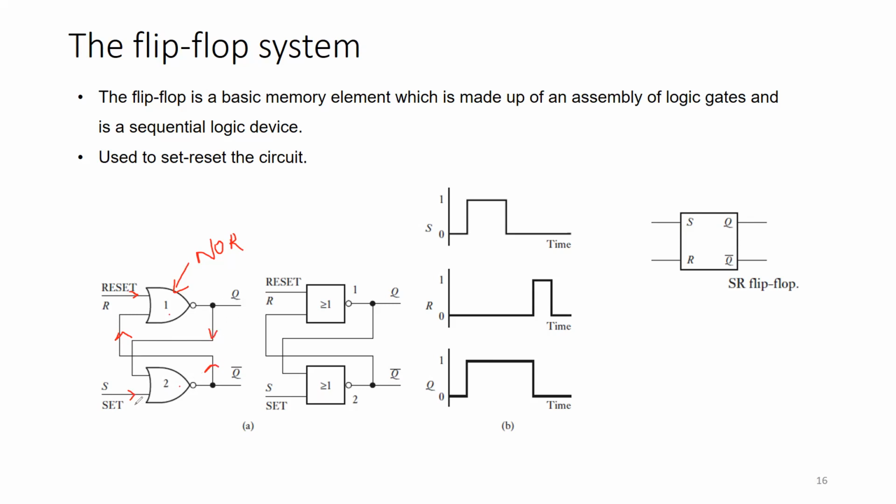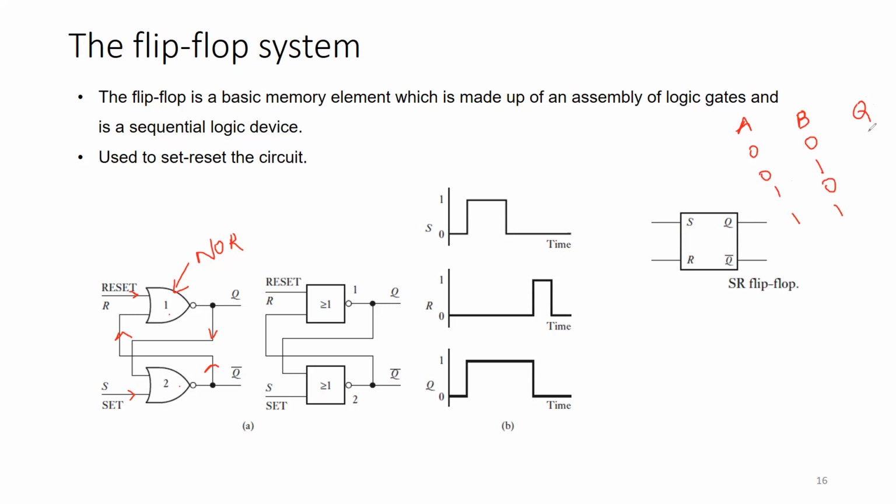So if you draw the truth table of a NOR gate, what is the truth table of a NOR gate? A, B and Q. If A is 0, both are 0, this is 0, this is 1, this is 1, this is 0, both are 1.